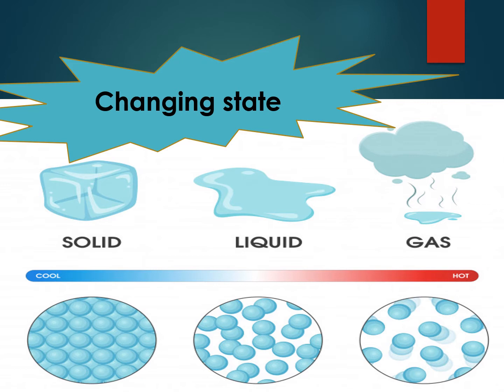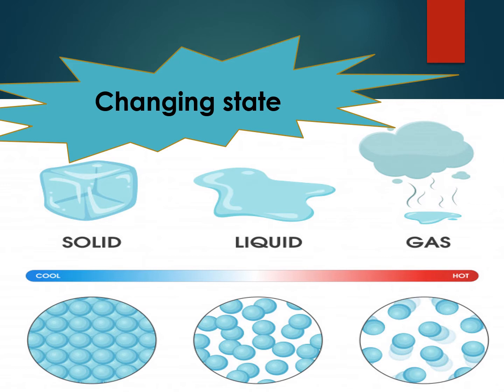And here is the picture for the particles and the spaces between each particle. In the solid, we can see particles are closely together and the intermolecular spaces are very small.